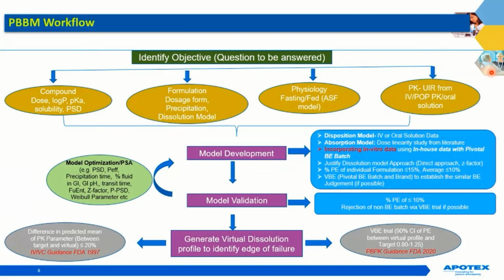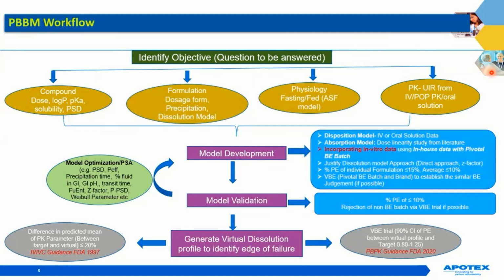The disposition model is developed first, and then the absorption model, using the dose linearity study from the literature as observed data. Then the model development using the pivotal biobatch, and in this stage we are basically integrating the in vitro dissolution data and justifying the dissolution model selections for future use.